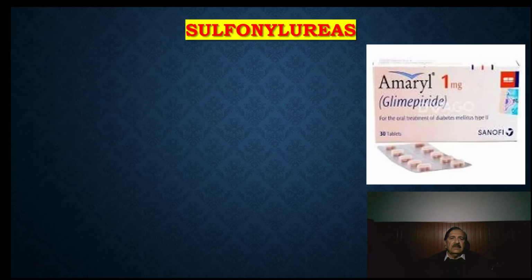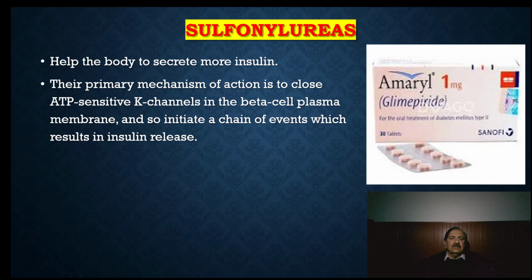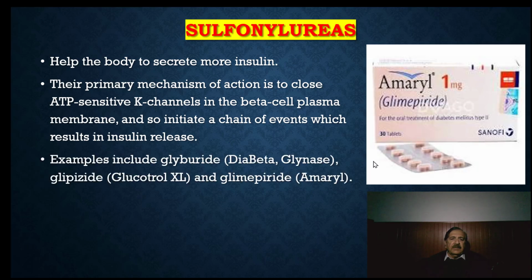Sulfonylureas help the body to secrete more insulin. Their primary mechanism of action is to close the ATP-sensitive potassium channel in the beta cell plasma membrane, and so initiate a chain of events which results in insulin release. For a full understanding of this mechanism, please watch my lecture Synthesis, Storage and Secretion of Insulin.